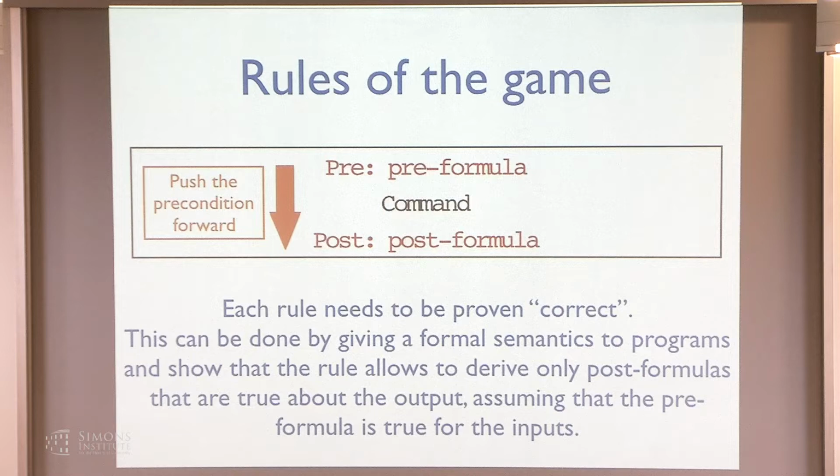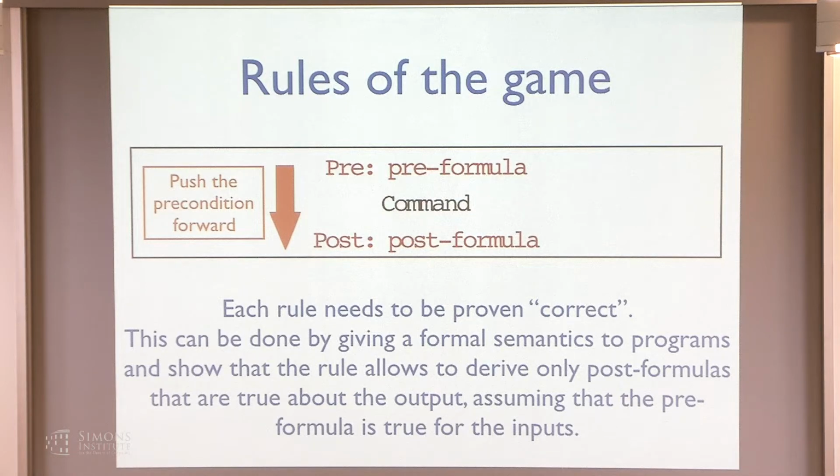Now, I will use only rules that are correct, that are sound, and they are proved correct with respect to some semantic model, as I was saying before. I will not do it here, but when I introduce a new rule, I need to do this proof. I did it before. I will not do it here, but this is important.